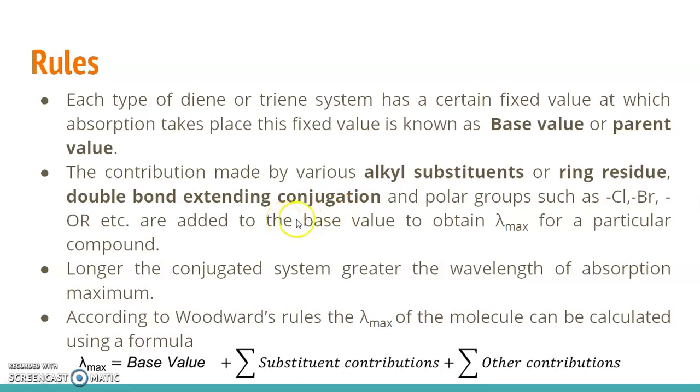That is what we mean by the double bond extending conjugation. In short, if there is a diene pair and one additional double bond which is again in conjugation with the existing diene pair, then we call that double bond a double bond extending conjugation.